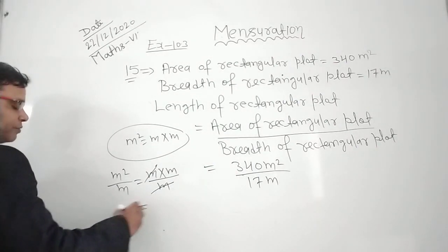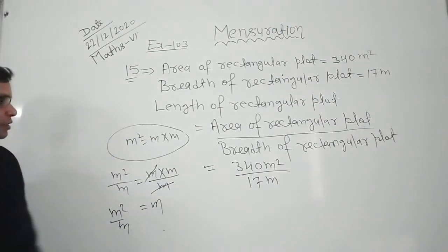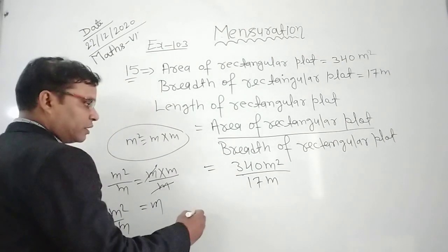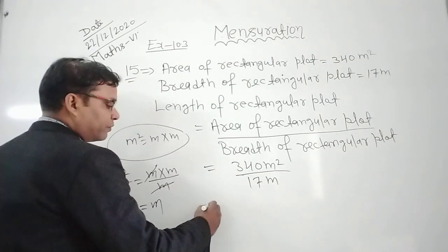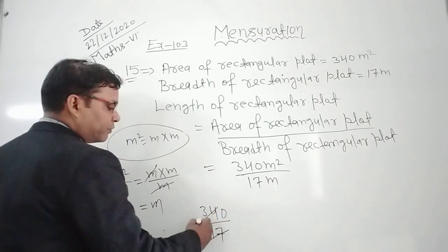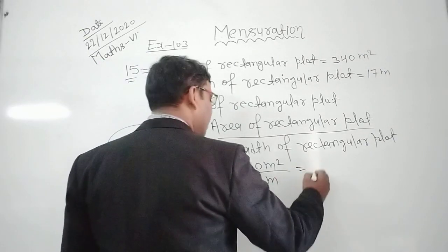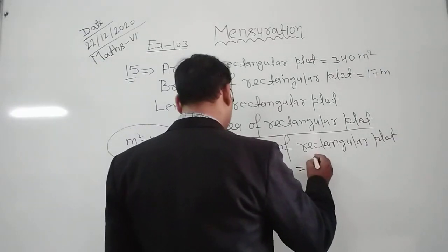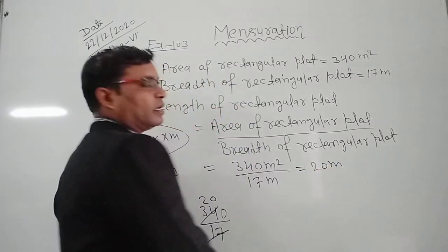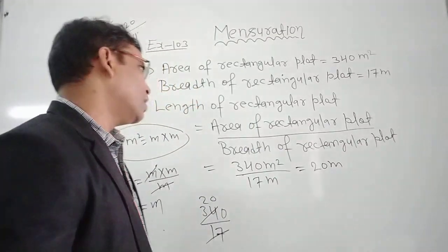So you get meter square by meter, which gives meters. And also you can see 34 divided by 17 is 2, and if you write a 0 like this, in this way you find the length of the rectangular plot is 20 meters.